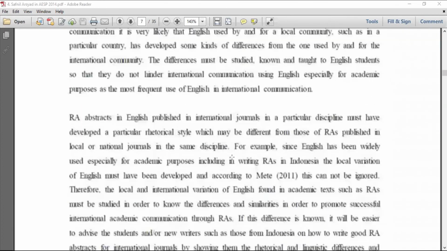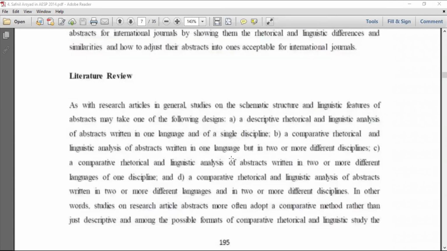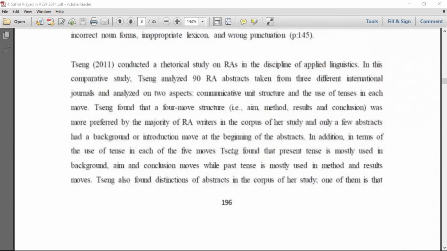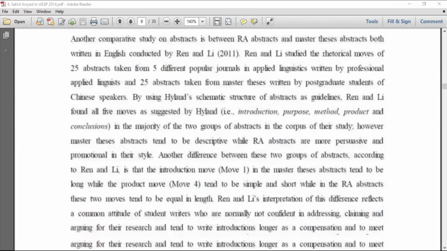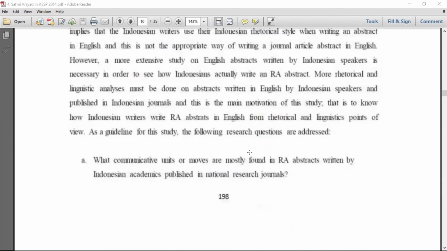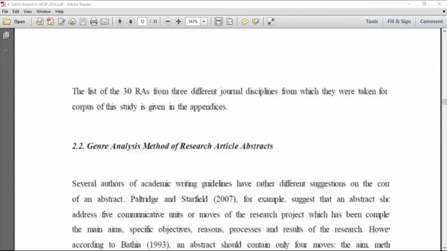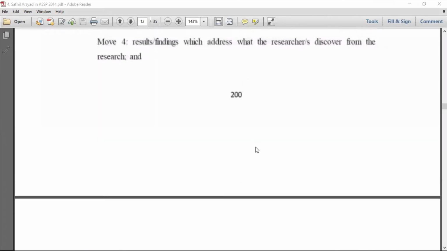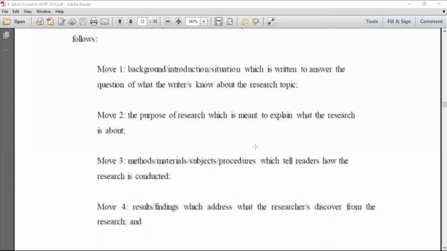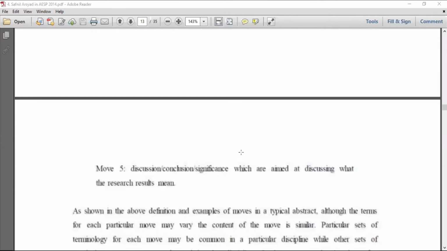This is the model for abstract in the method section. There are five moves.